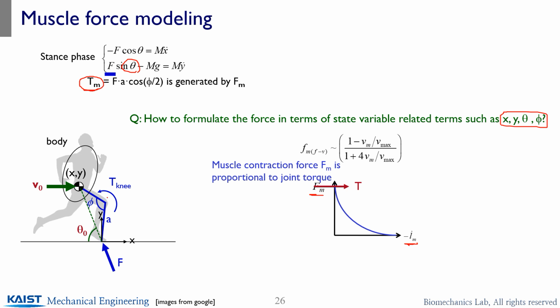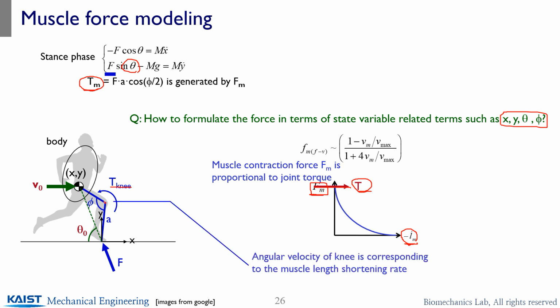Since this is a really simple massless model with a single joint, your knee joint torque will be proportional to the force, of course. So we assume that the force-velocity relationship will also hold for the torque-shortening velocity relationship. Maybe the torques will have a similar configuration relationship.